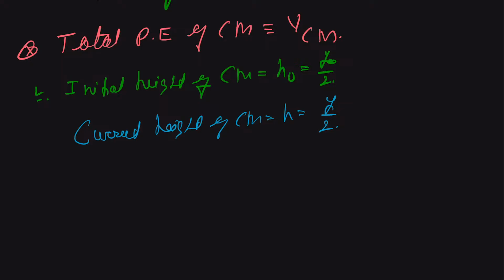Therefore, we can say that the potential energy of the center of mass, given the initial height and the current height, is equal to mg h, and that is mg y by 2.